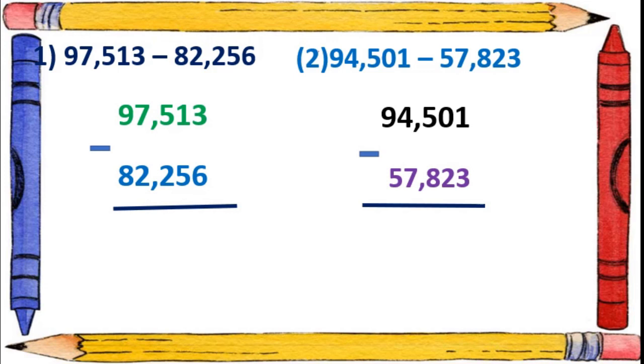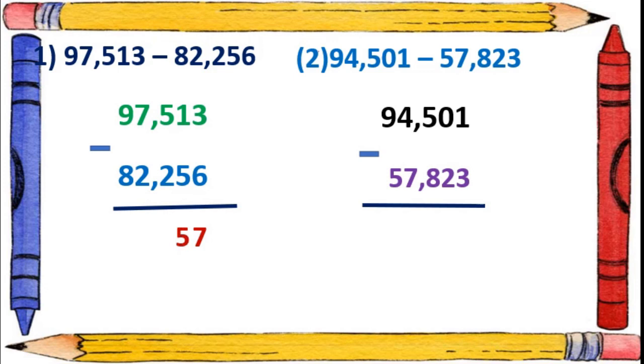Okay? Okay, here I will do 3 minus 6 not possible, so I will borrow, so it is 13 minus 6, so it is 7. And here 0 means 10 minus 5 is equal to 5.